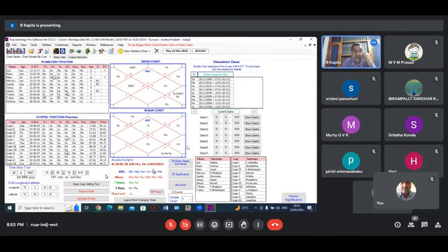The involvement of 6 and 12 definitely indicates it, because 6 is the 12th to 7th, and 12 is the 12th to the native.